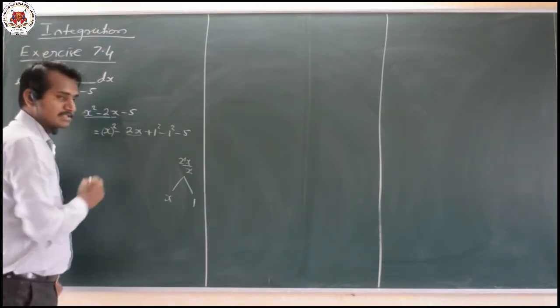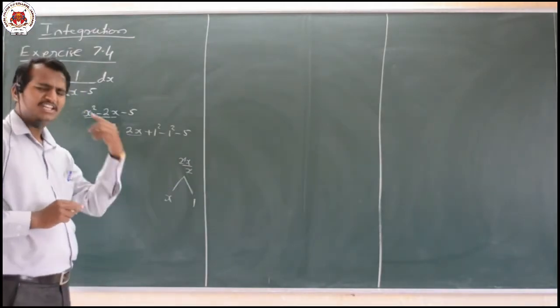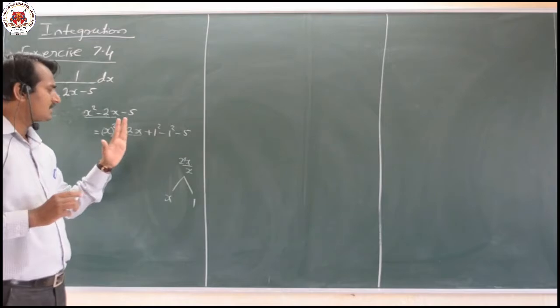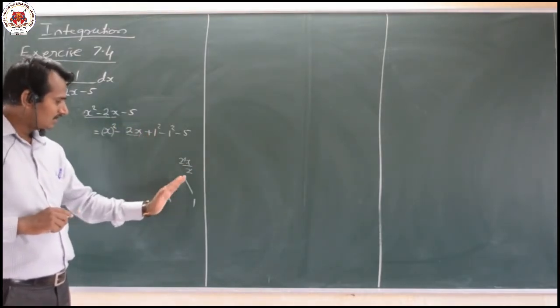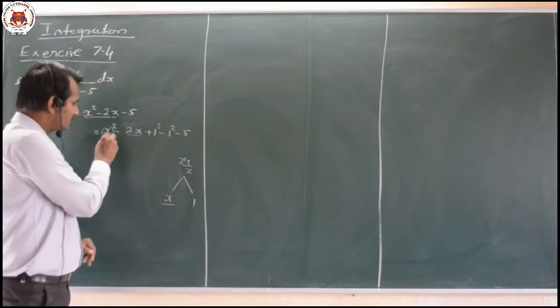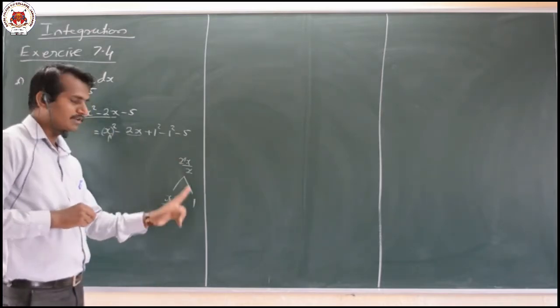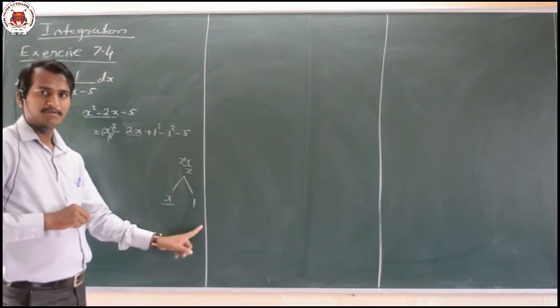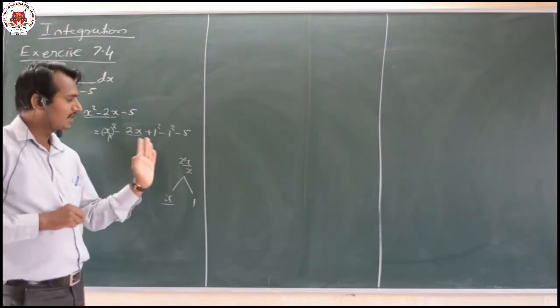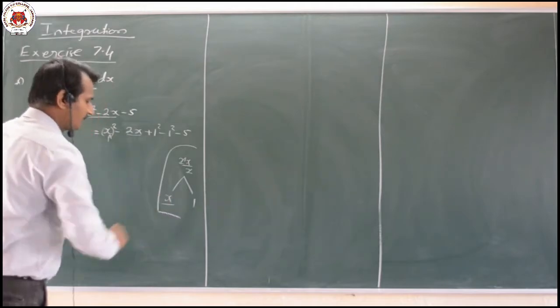The middle term, I will divide it by 2, anything it may be, 4x, 5x, 6x, just divide it by 2. The first term is x and the second term is whatever remains, such that after multiplication you will get the same thing, the same values are needed.